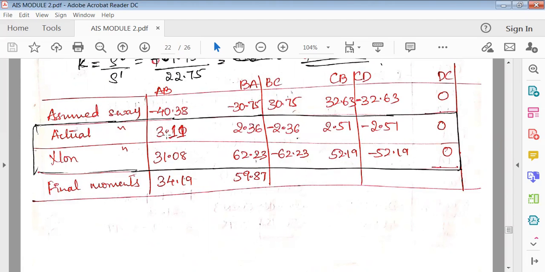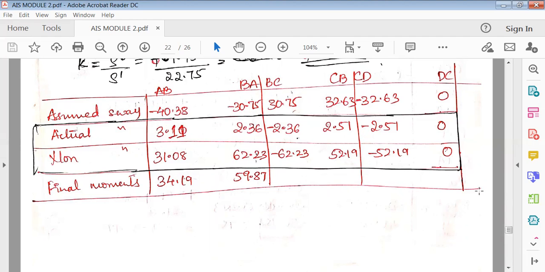Go on adding 3.11 plus 31, 2.36 plus 62, minus 2.36 minus 62. Go on adding this, and you'll get the right answer. These are the final moments which you got whether it is a sway analysis or non-sway analysis, having applied the correction factor. This is what you get in the end, that is the final moments.